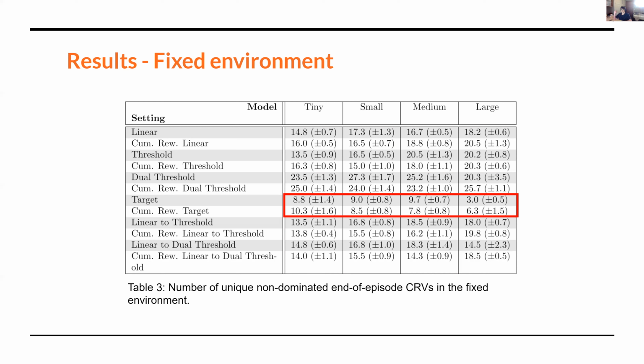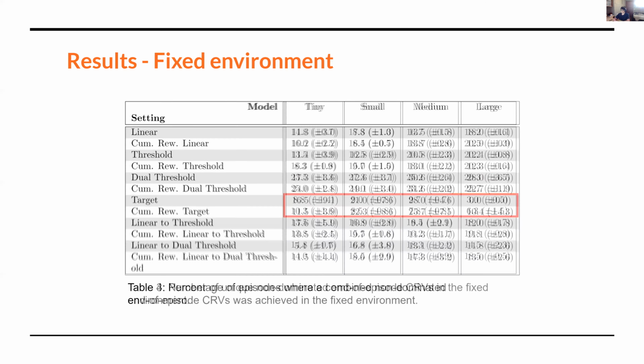Just as a reference, each agent was evaluated on roughly 180,000 episodes on the fixed environment with 180,000 different utilities. But for the target utility, it's about 1,000 times less than that. So it's more than understandable that they have lower numbers, and this makes their results not really comparable when it comes to looking at the number of unique policies and stuff like that. But we'll see how they'll still be interesting later for our results.